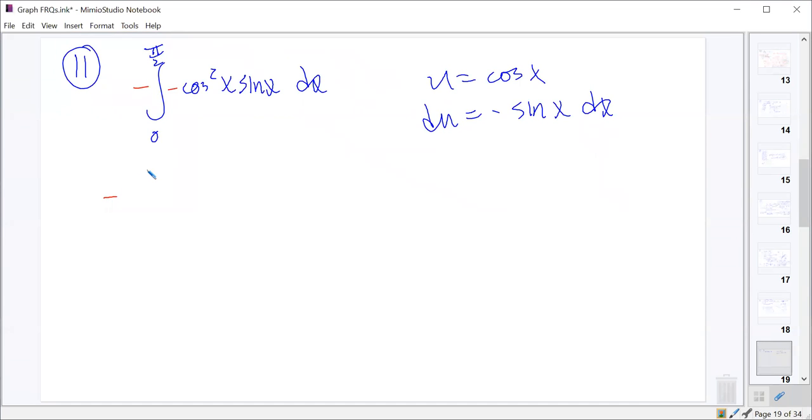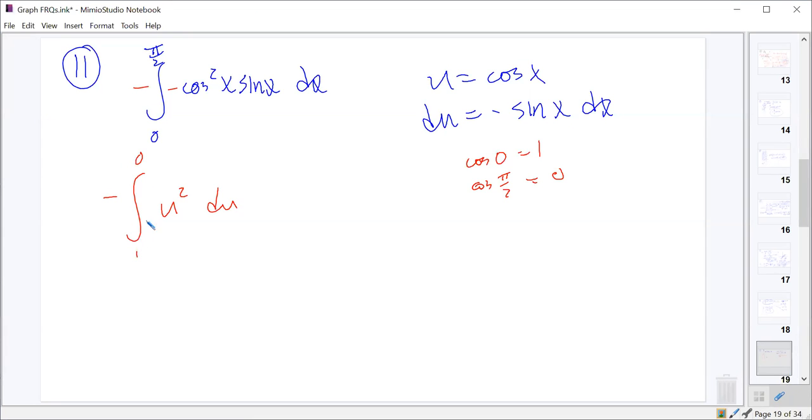So we've now got negative, and it's negative of the integral from, since we're doing u instead of x, the cosine of 0 is 1, so our lower limit will be 1, and the cosine of pi over 2 is 0, so our upper limit will be 0. And this will become, since it's cosine squared, u squared, and negative sine x dx becomes du, so we've got u squared du.